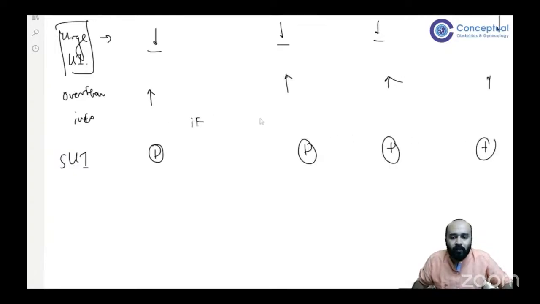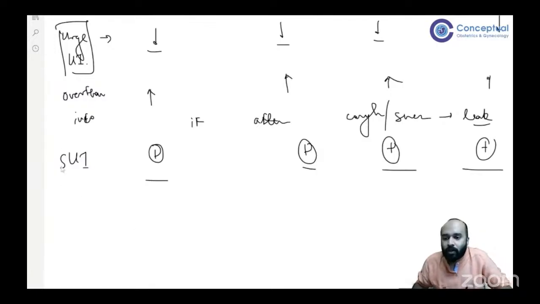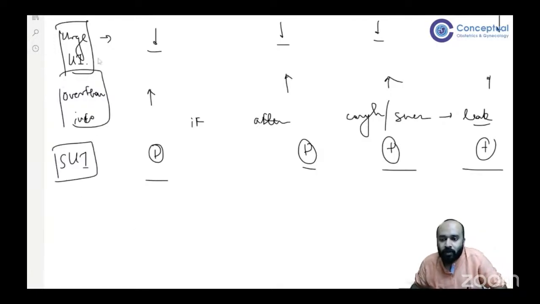If after coughing or sneezing she leaks while doing the test, then she is going to be called as one having stress urinary incontinence. So filling cystometry is going to help me with the diagnosis of urge, overflow, as well as SUI.